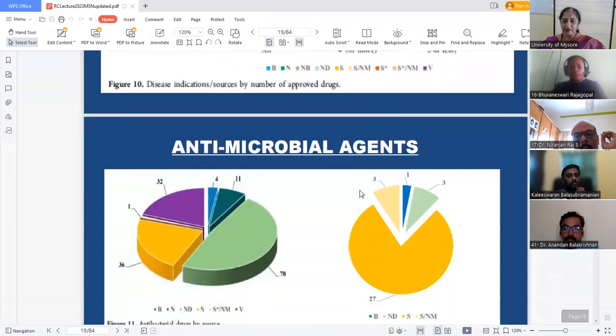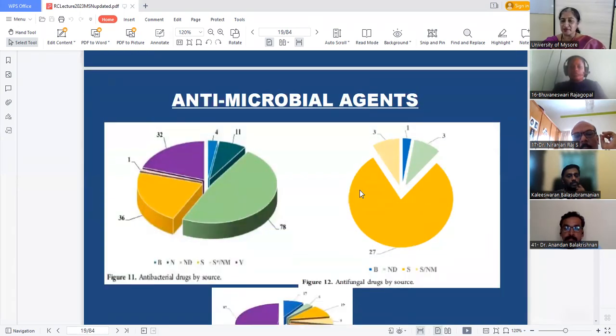So like that, the drugs are classified into several kinds, including the antimicrobial agents, wherein you can see that the green one, represented by derivatives of natural products, or the synthetic drug, plays a very important role, okay?